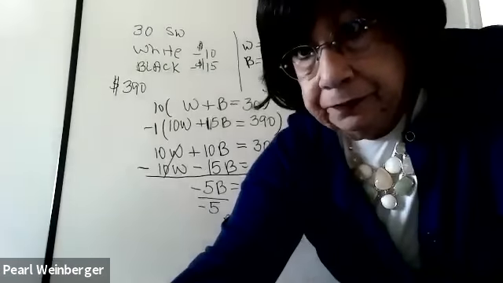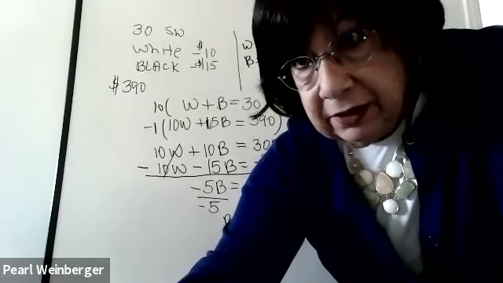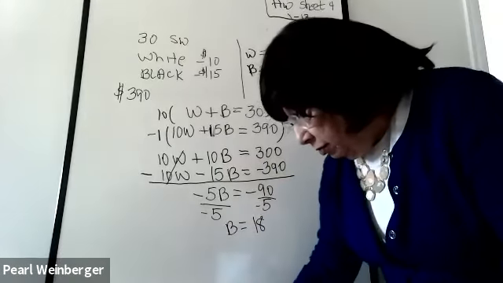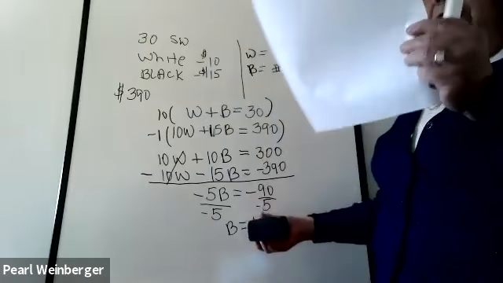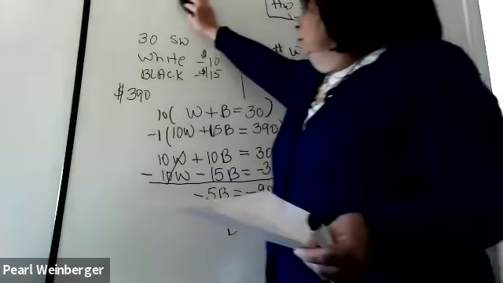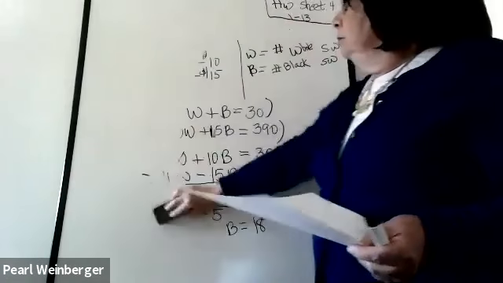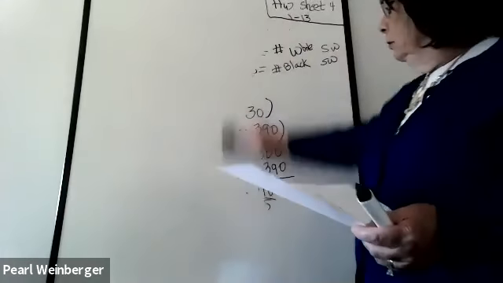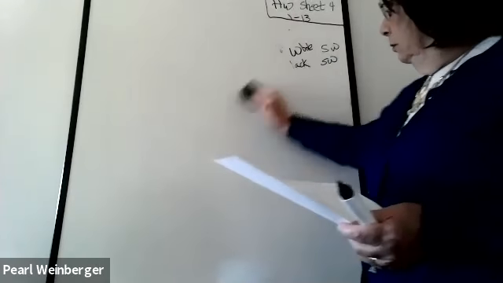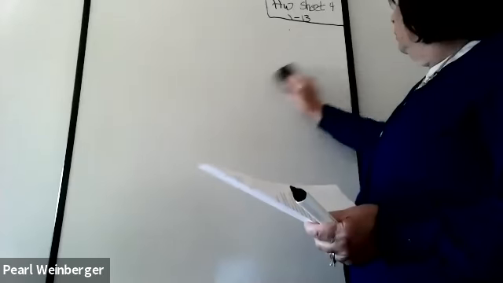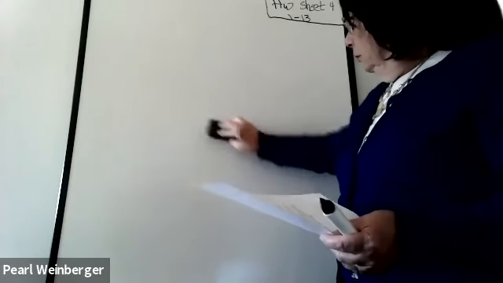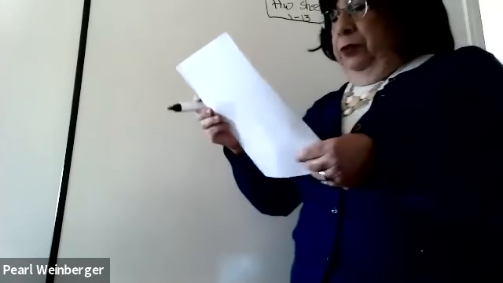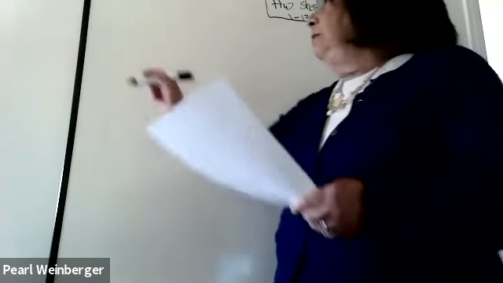Okay, let's try the last example, which is a little bit different than the other two. This is example number 10. Here's what number 10 says. The perimeter of a rectangle is 10 meters.